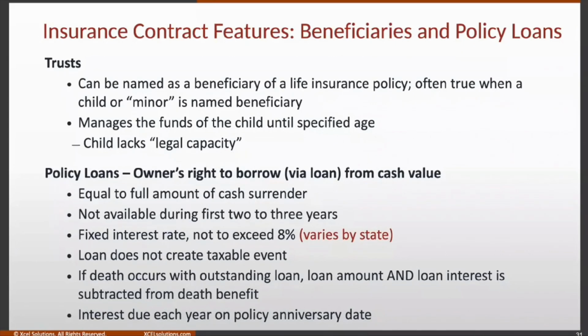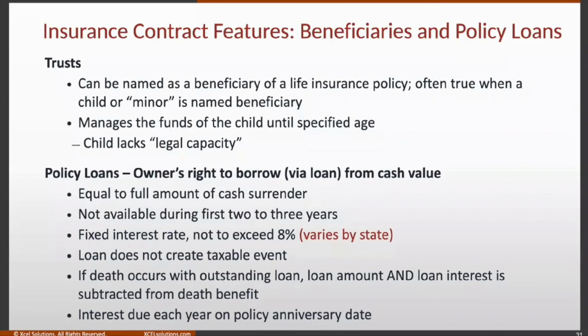On universal life, they have the borrowing privilege, but they can only borrow up to 75 to 80% of their policy account value on UL contracts because their cost of insurance is increasing each and every year. So a policy loan is the owner's right to borrow via loan from their cash value, equal to the full amount of the cash surrender value.